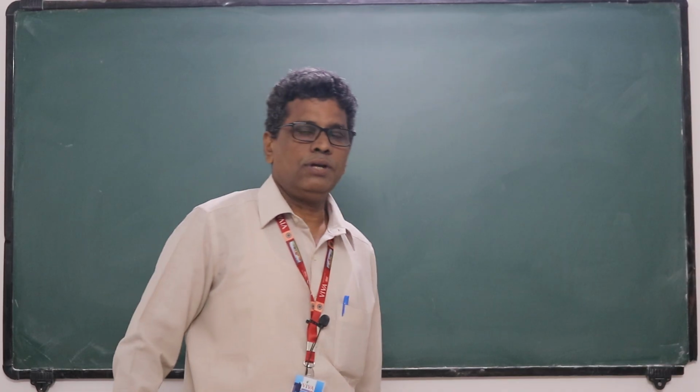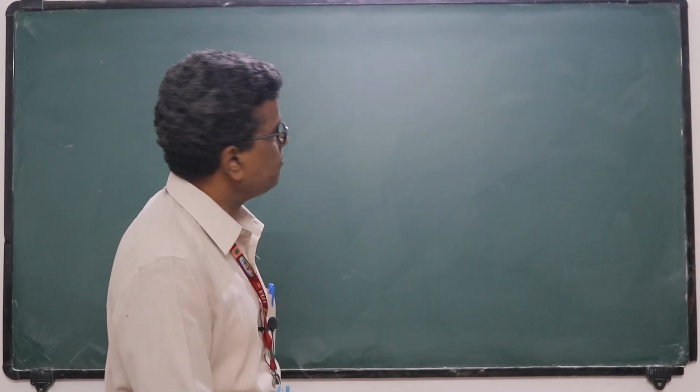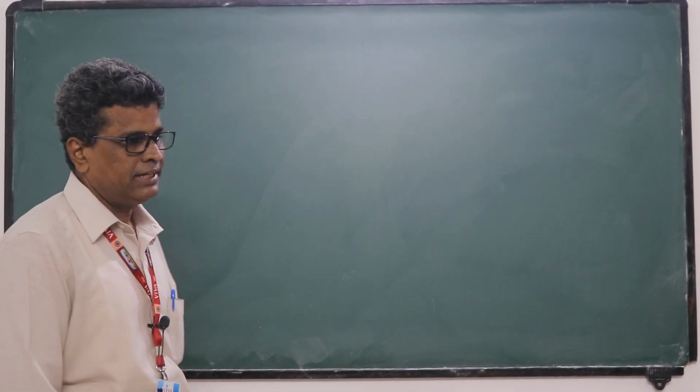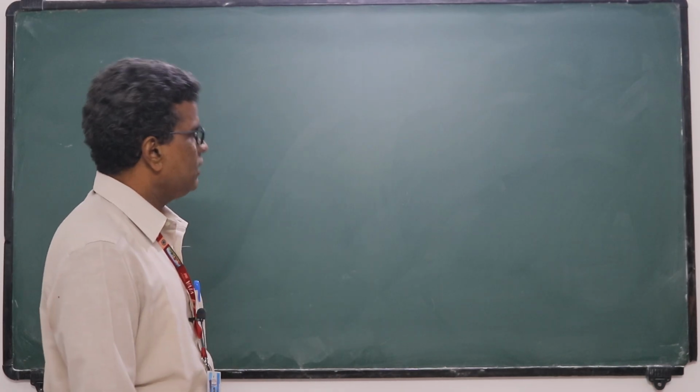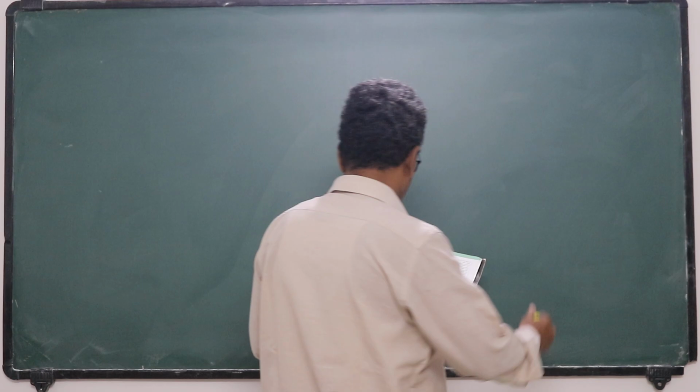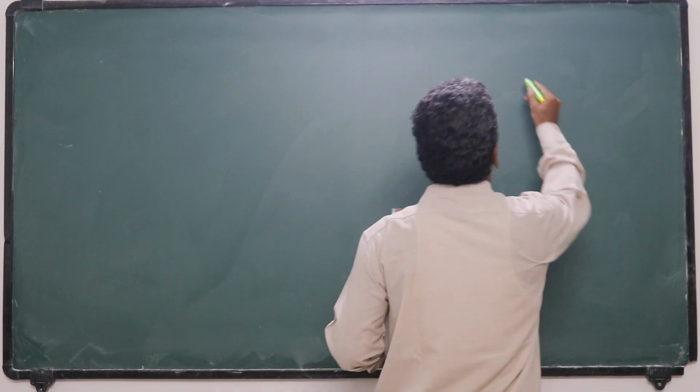So we are going to see some more problems regarding yesterday's topic, tension, how to find the tension in a string, okay. And see these examples. There are two pulleys.